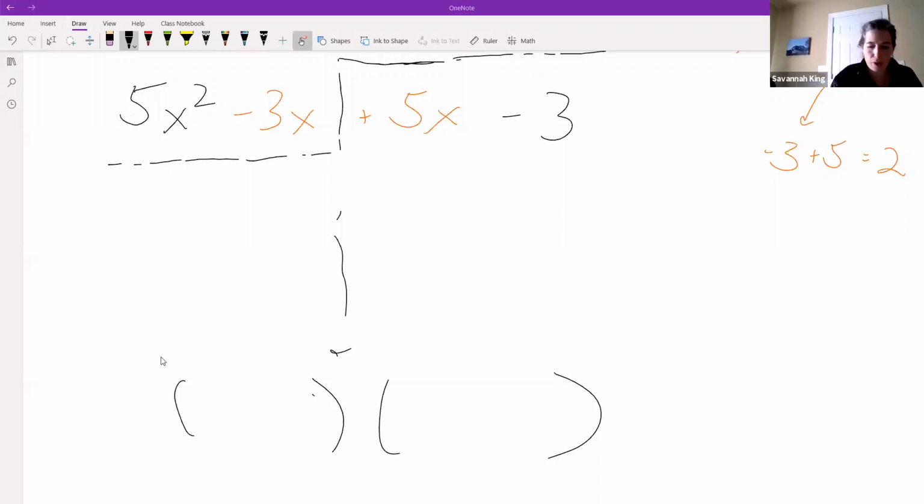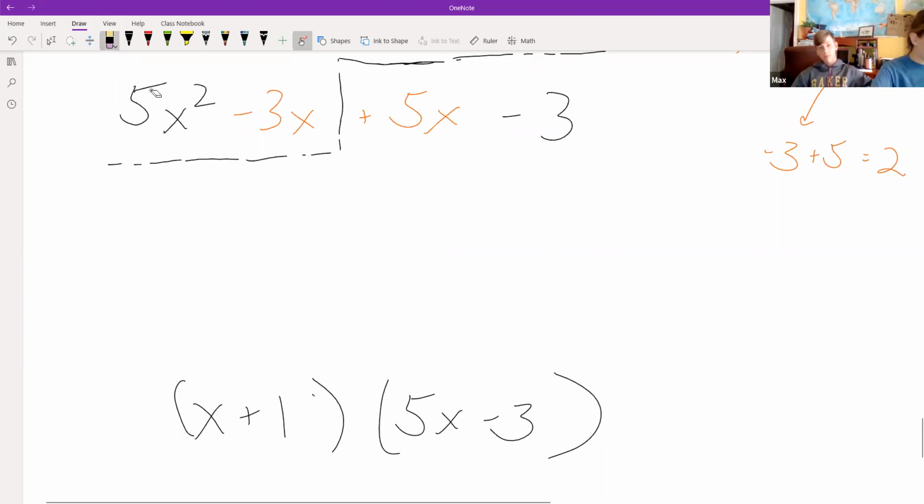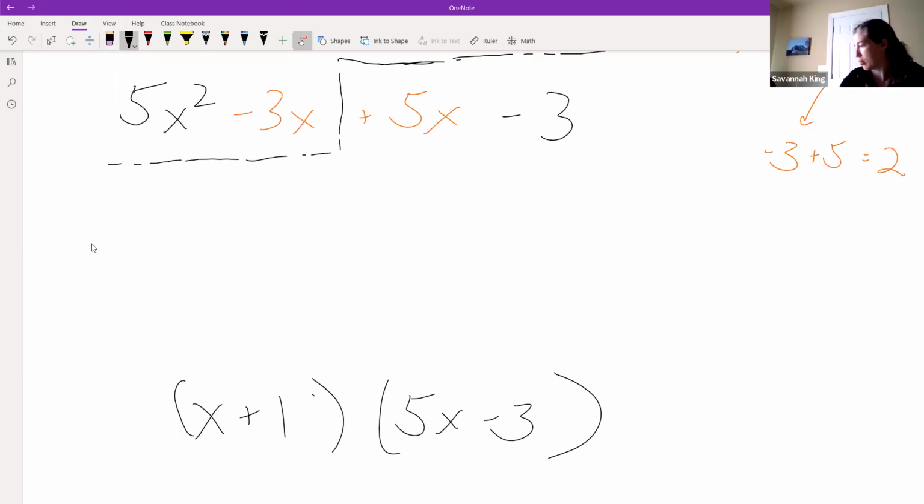That's very, very close to what I got. I think, let me write this down. I think it's 5x minus 3. Let me fill in a couple steps. That's what I said, or I meant to say that. Okay, the first one's positive, the second parentheses is negative. That is perfect.